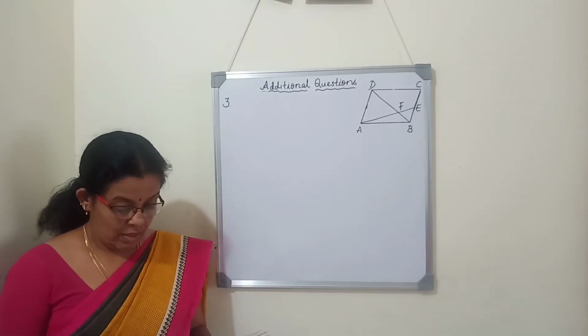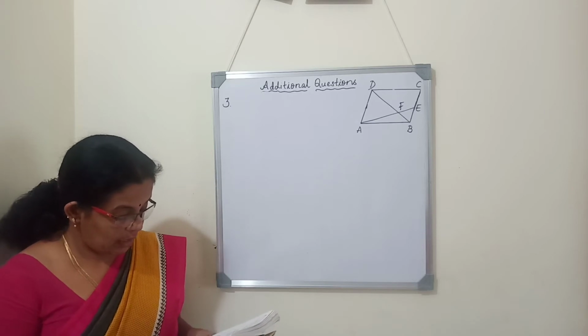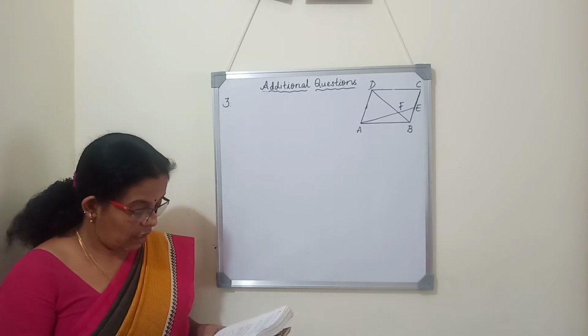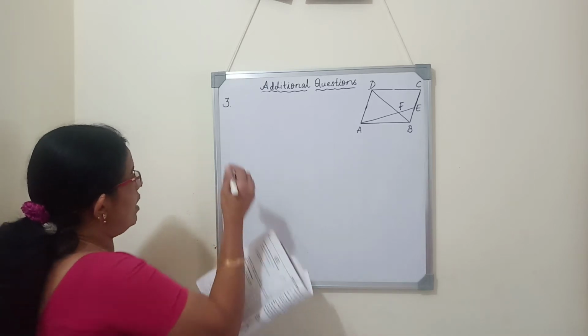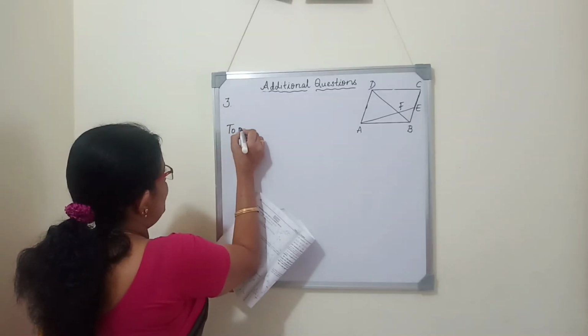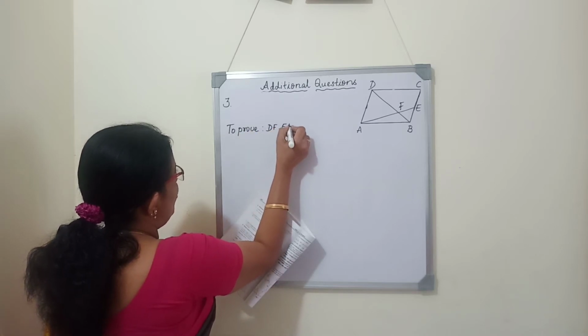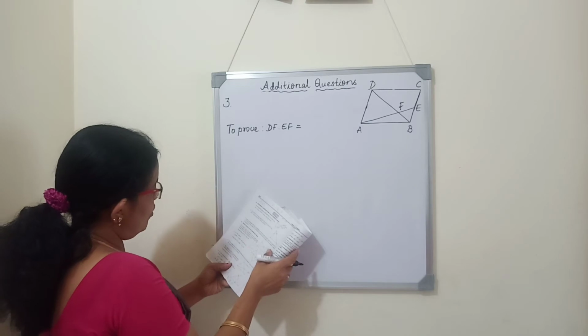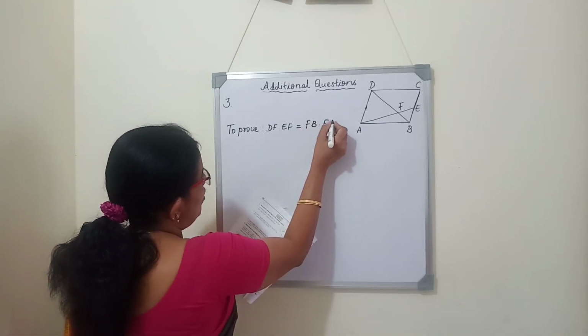Third question. The diagonal BD of a parallelogram ABCD intersects AE at F. E is any point on BC. Prove that DF into EF is equal to FB into FA.